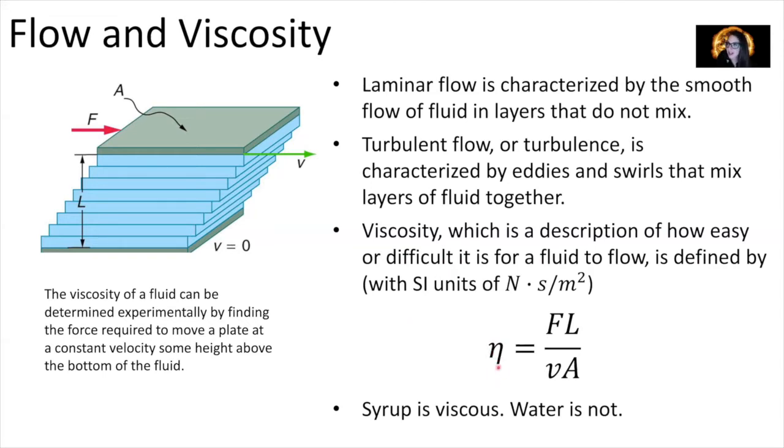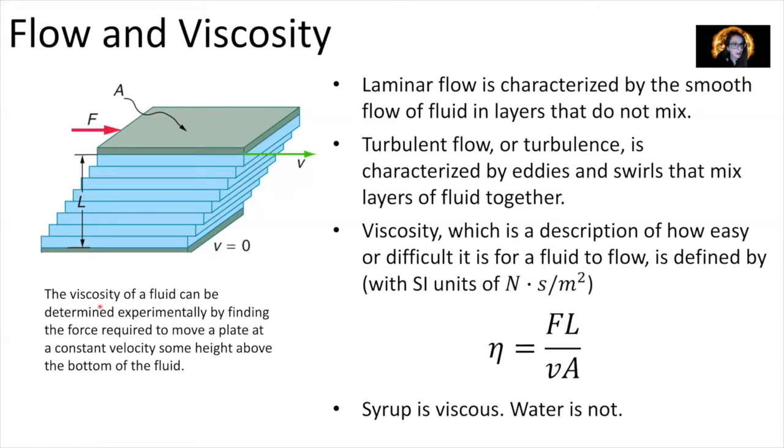It looks kind of like a fancy N, and it equals a force times some characteristic length, we'll call it, that's the big L, divided by a speed of the flow times some cross-sectional area. So we're gonna use that definition and think about it in this figure over here.